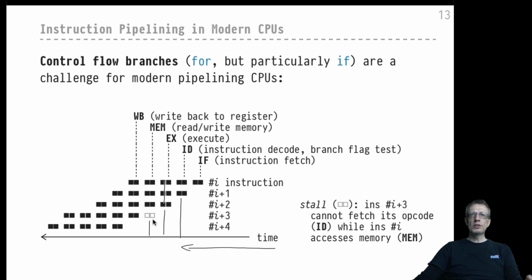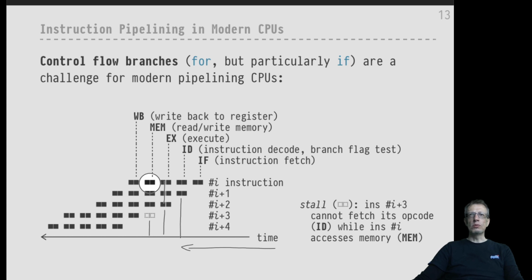Well, at this point there is a slight problem here. We would need to start the instruction fetch for this instruction at address I+3. Instruction fetch means accessing memory, reading memory. The CPU can only read and write memory in one such stage at a time. As you can see, the very first instruction that we've already started some time ago is currently in its MEM stage, where it would read and write memory.